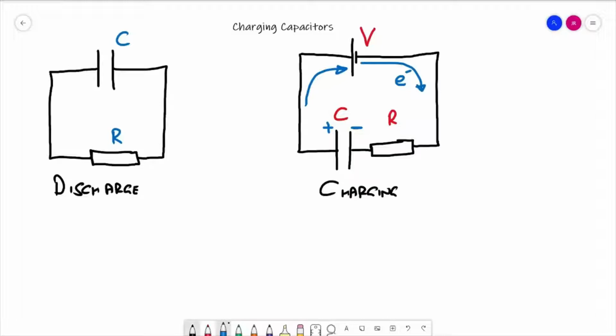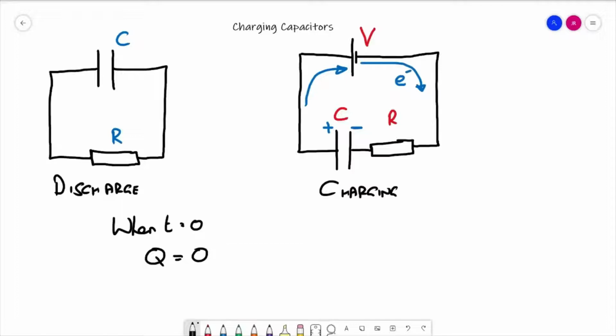Initially then, when we do our initial values, we're saying when t is equal to 0, at first the capacitor is completely discharged, and therefore the charge on the capacitor will be 0.